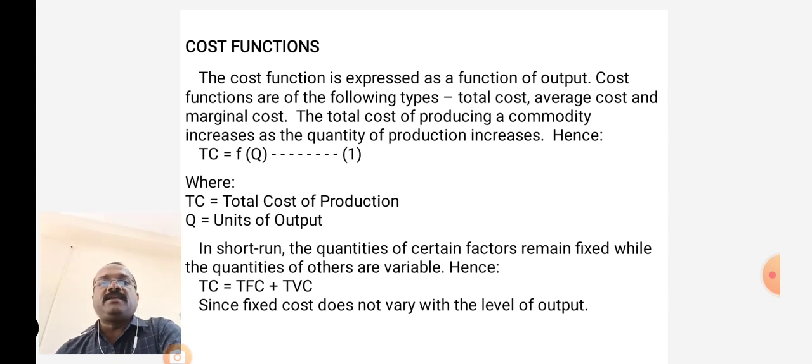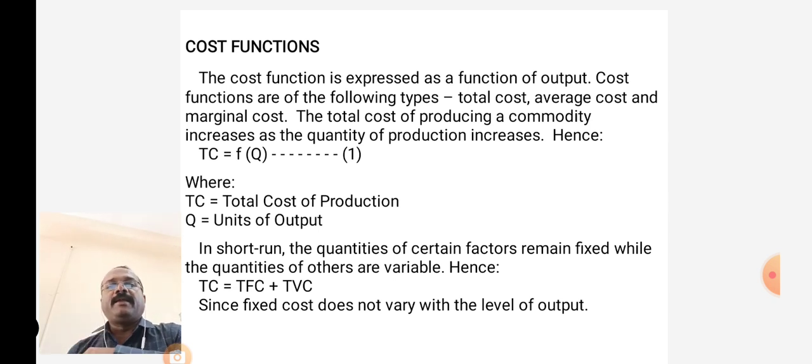That is, TC is f of Q, where Q is the quantity, the output that they are going to produce in the company, and for that Q, we know that capital, labor, organization, and land are supposed to be utilized.